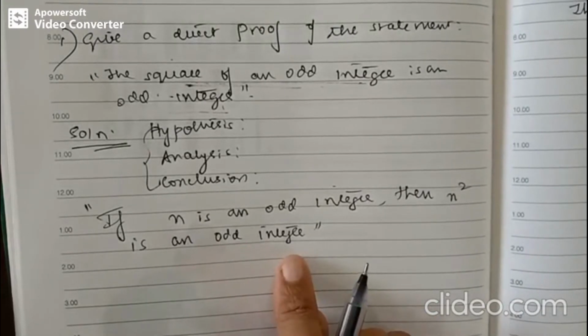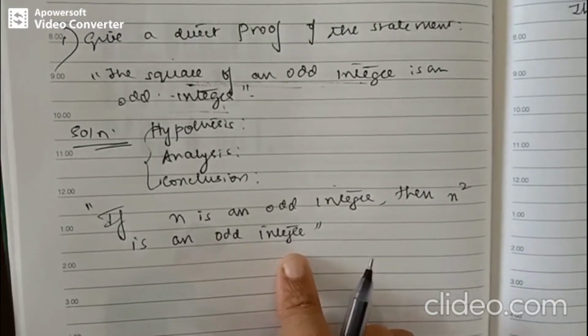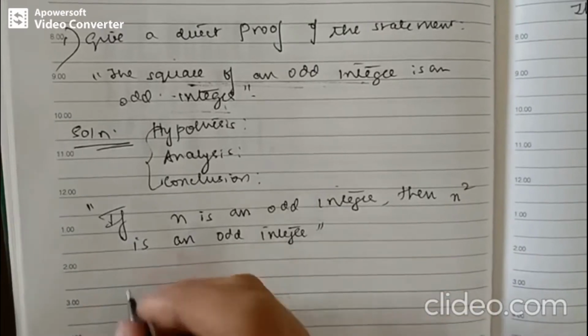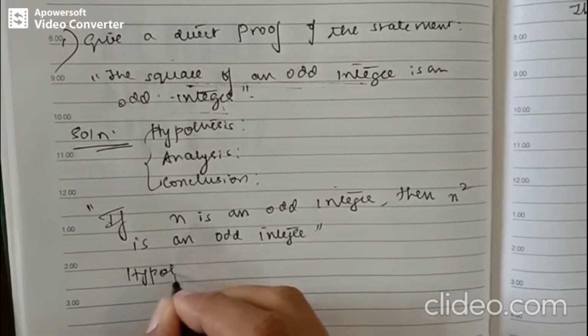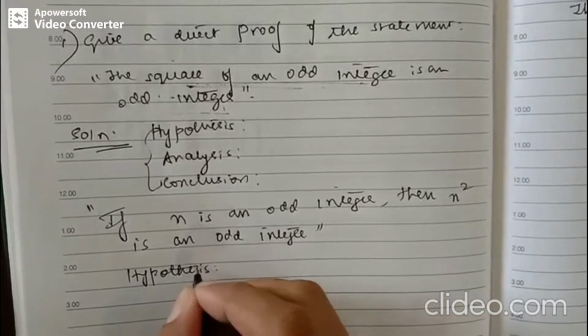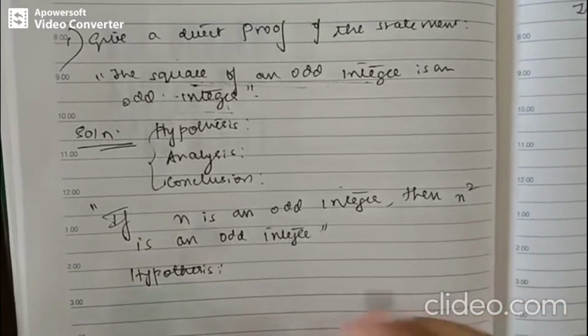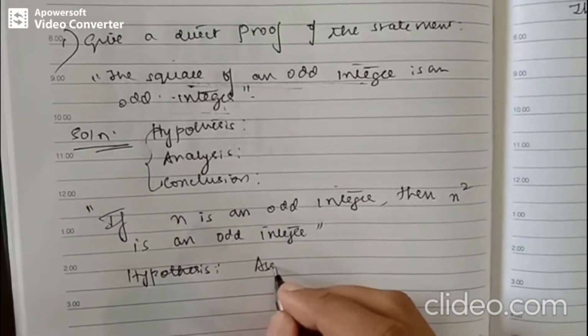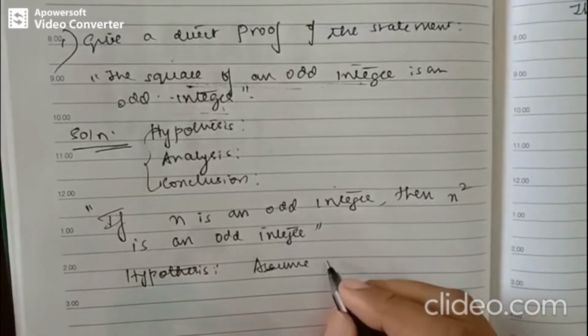Now let's write the three sections under direct proof. First of all, we have to write the hypothesis. In the direct proof, you are assuming P is true. That is, assume P is true.